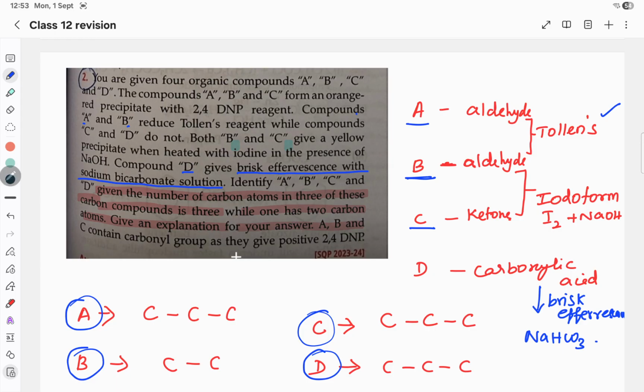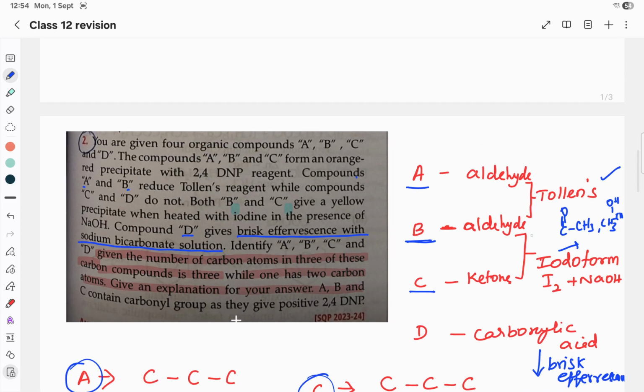So the clue here is, see, only an aldehyde. Just now I told you the iodoform test can be given by a methyl ketone or a secondary alcohol. So only these two functional groups will give iodoform test. But the only aldehyde which gives iodoform is acetaldehyde, CH3CHO, because of the methyl keto group.